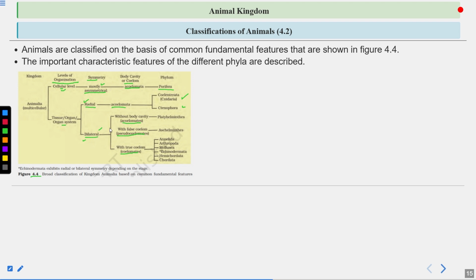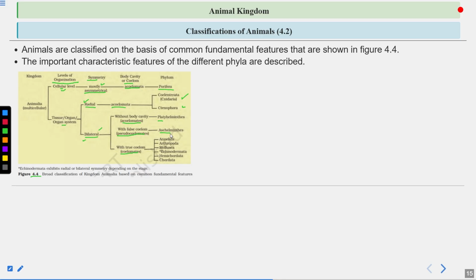Bilateral symmetry, acoelomate, Platyhelminthes, no body cavities seen here. Bilateral symmetry with false coelom or pseudocoelom, only one phylum, that is Aschelminthes.